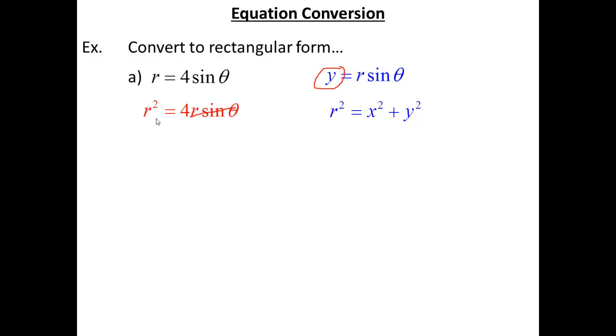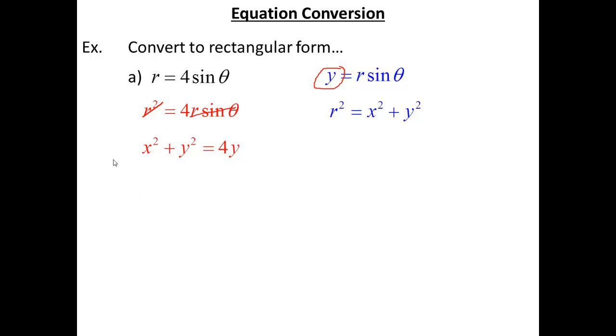So not only by multiplying r on both sides do I get y on the right, but I get an even prettier version of my Pythagorean theorem formula by getting r squared on the left. So r squared gets replaced with x squared plus y squared on the left, and r sine gets replaced with y on the right. So the 4 just comes on down because the 4 had nothing to do with anything.